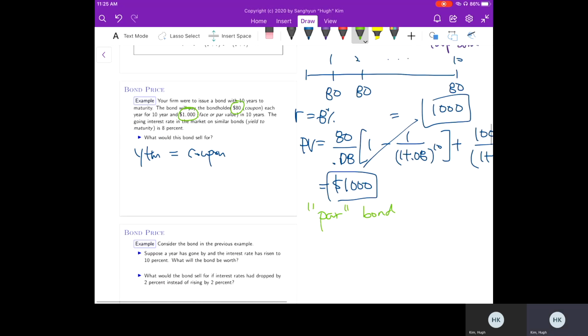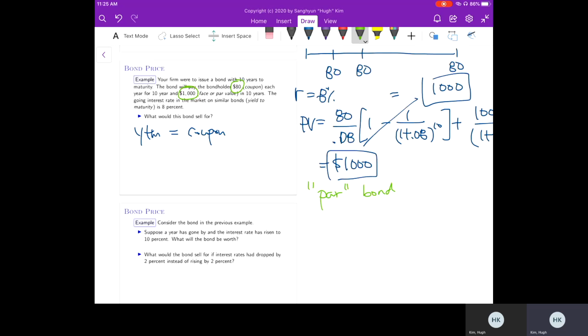Okay, let's carry on with this example. Suppose a year has gone by and the interest rate has risen from 8% to 10%. The question is, what will the bond be worth? Now the interest rate is 10%, and because a year has passed, T is 9. So the bond has 9 years to maturity instead of 10.